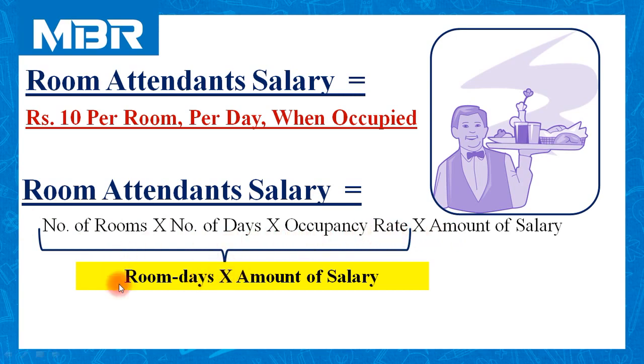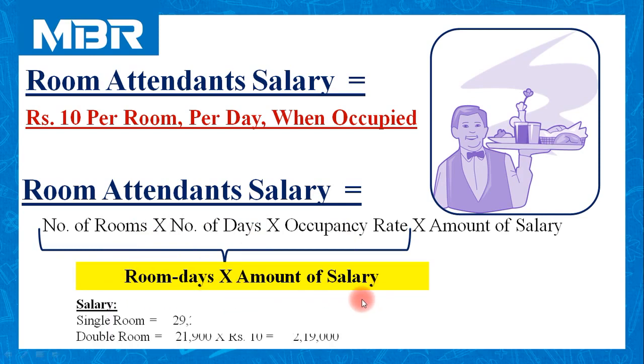So room days multiplied by amount of salary. So for the purpose of the calculation, we will use this formula: room days multiplied by amount of salary. Or you can use the original formula as well, but it is nothing more than repetition of the calculation. So to avoid additional calculations, we are directly using room days multiplied by amount of salary.